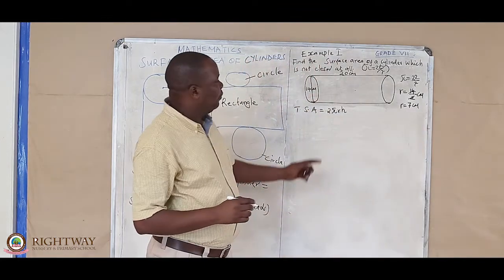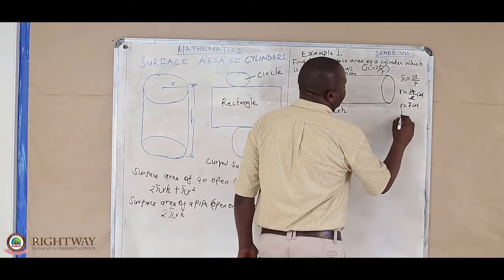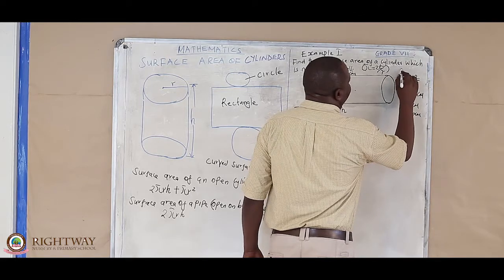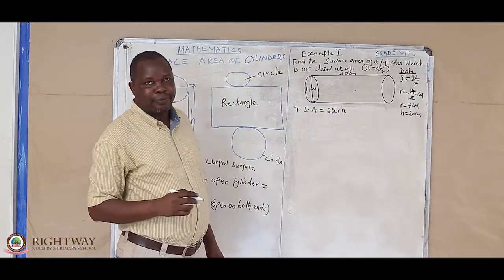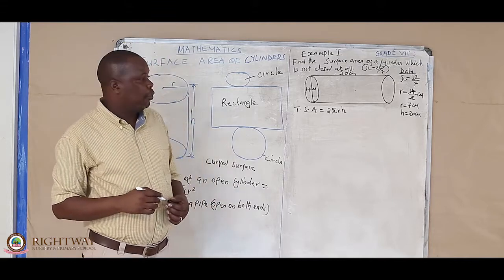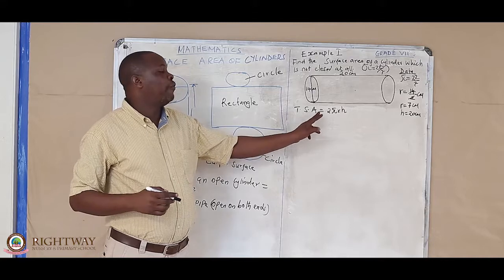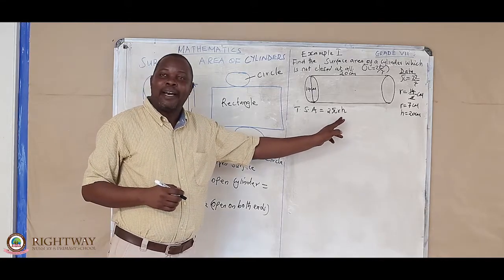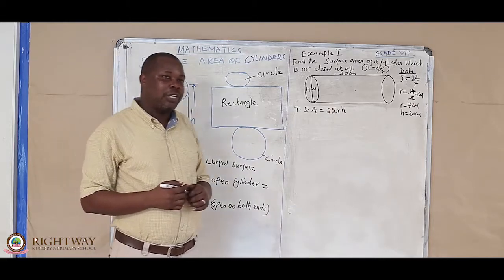Our height from the figure, the distance from here up to here, is 20 centimeters. Here we have collected our data. Now we continue from there. We know total surface area of a pipe is 2 pi r h.